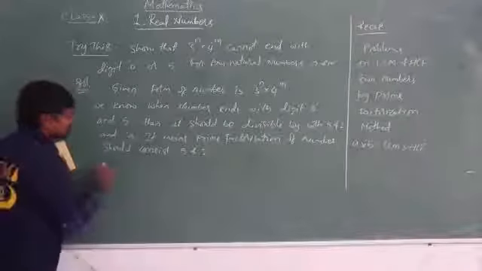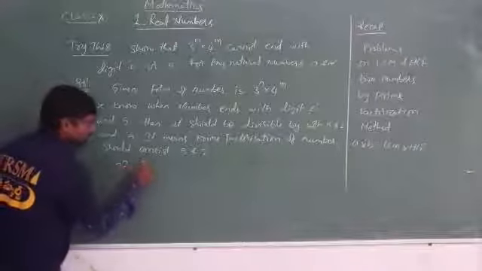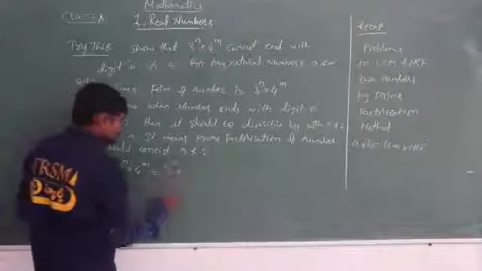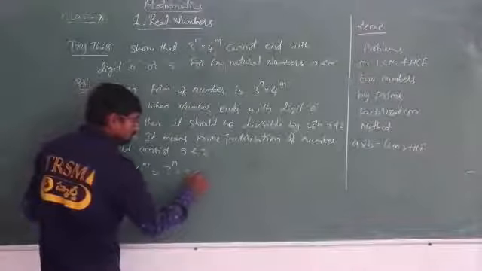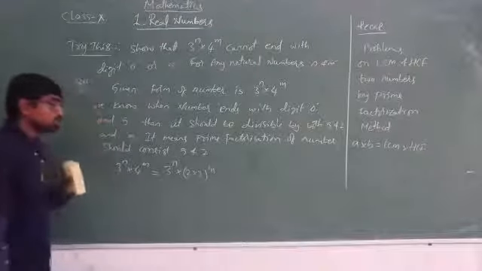Okay, now since 3 power n into 4 power m can be written as 3 power n into 2 into 2 whole power m, isn't it?